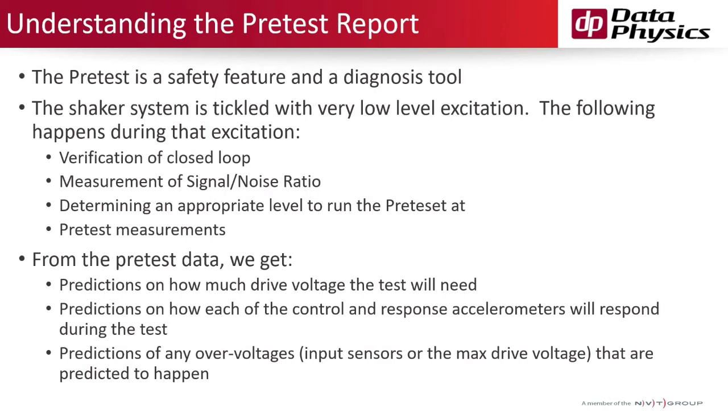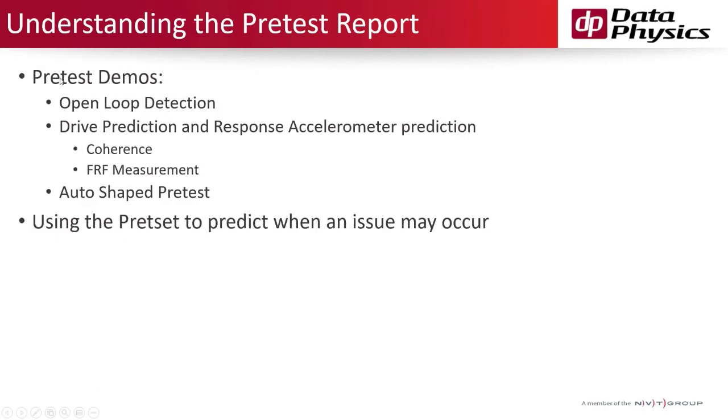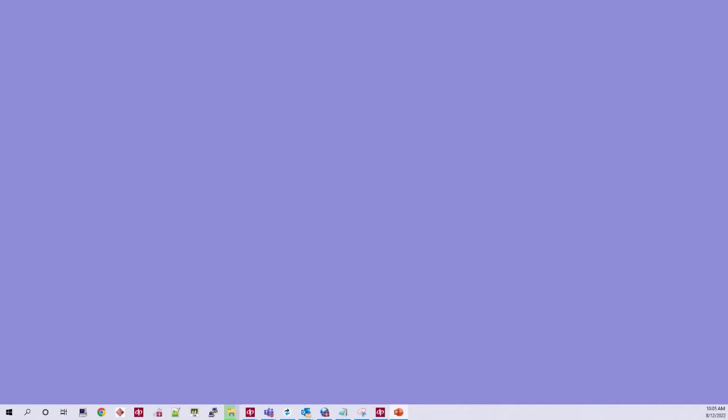We'll get a prediction of that in the pretest report. So all of this information is put into a pretest report. I'm going to go through that with some demos here, and we will go through all these bullet points with the live demo. So I have a couple demos set up here.